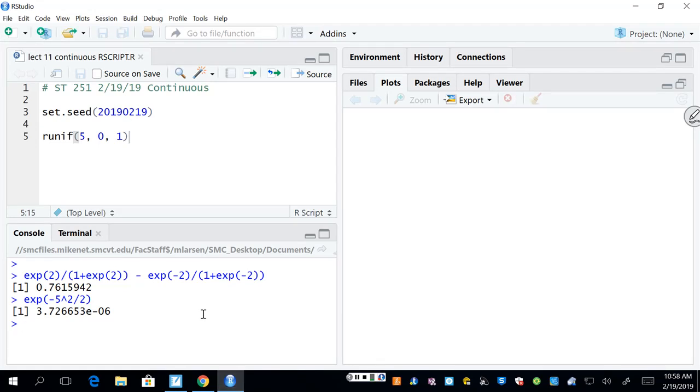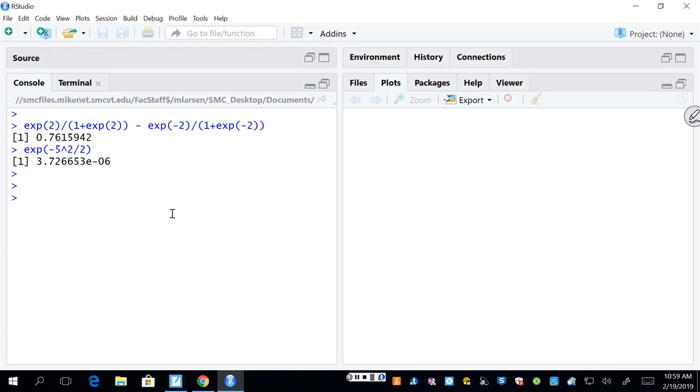The exponential is something that's included in R. So we can take, say, a sequence of values of x.